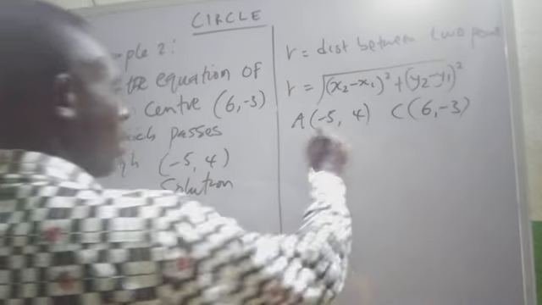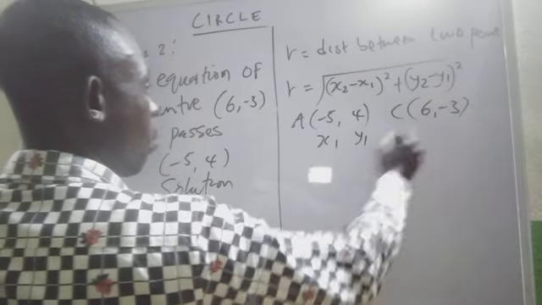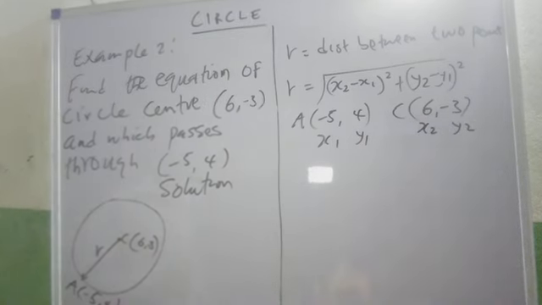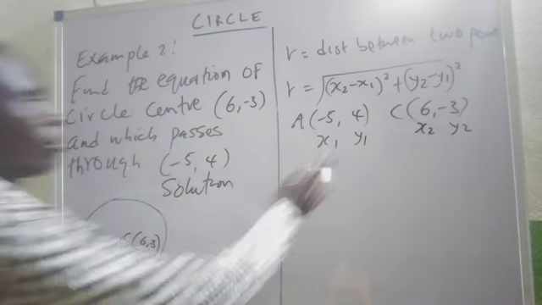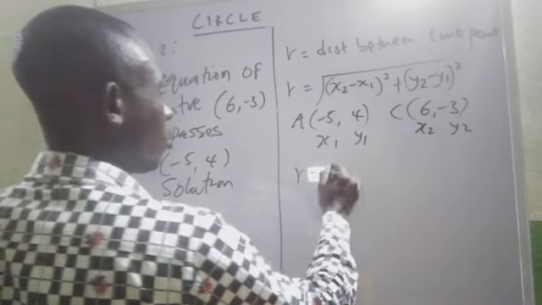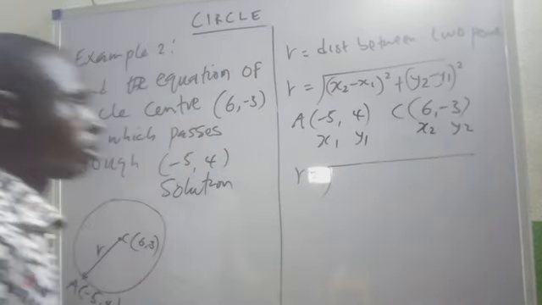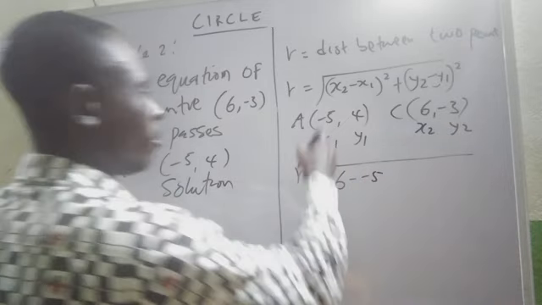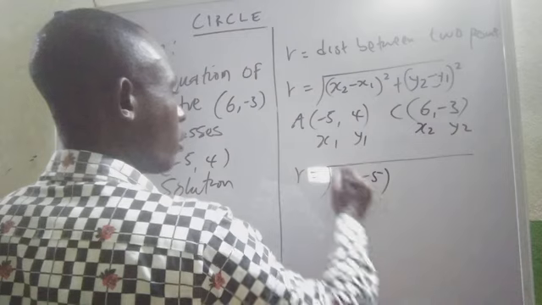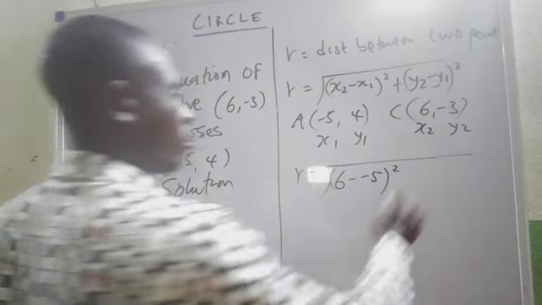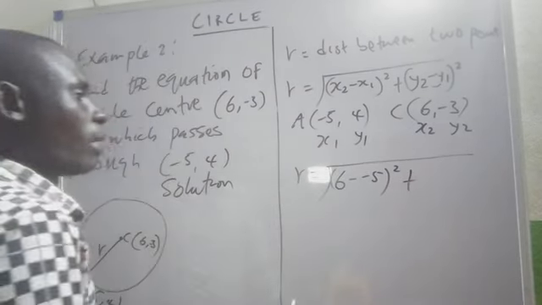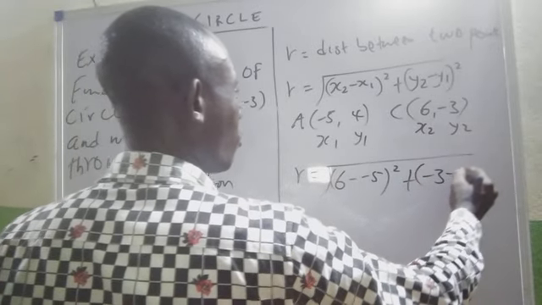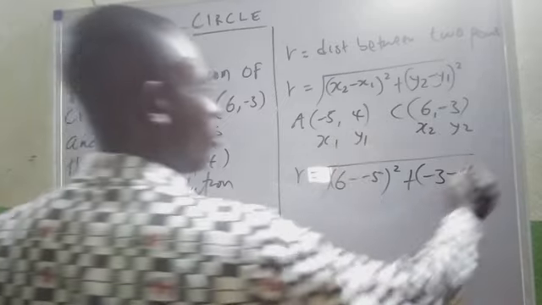So if I say this is my s1, and this is my y1, this is my s2, and this is my y2. If you substitute into this formula, your radius r will be the square root of (6 minus -5) all squared plus (-3 minus 4) all squared, because this is your y1.